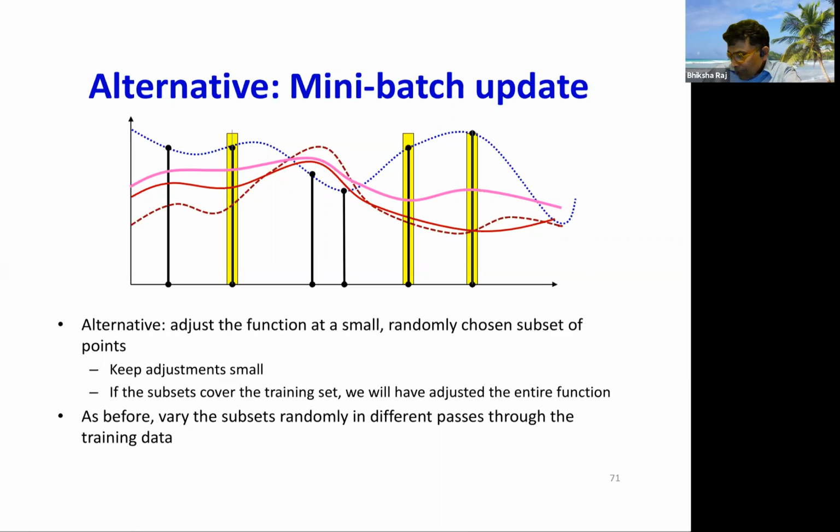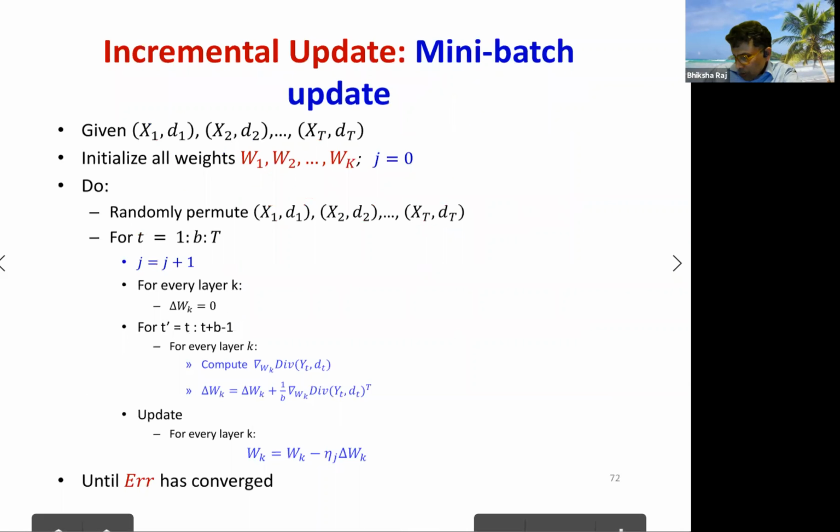And so hopefully this gives you a better effect than with either simple SGD or batch training. And again, as before, for this to work, the process requires randomness. We can make multiple passes through the training data, but in each pass, the manner in which we choose the subsets must differ.